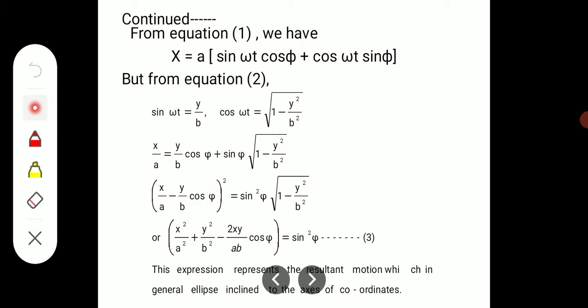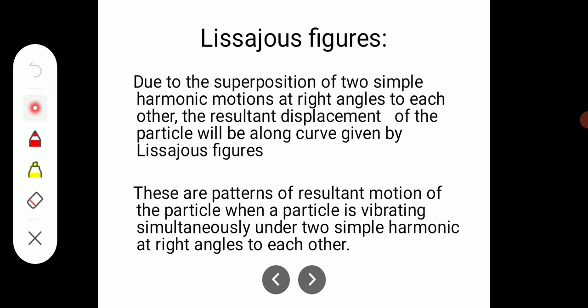So with respect to this angle, we are getting different patterns of the graph, and those patterns are known as the Lissajous figures. Due to the superposition of two simple harmonic motions at right angles to each other, the resultant displacement of the particle will be along a curve, and that is given by the Lissajous figures.